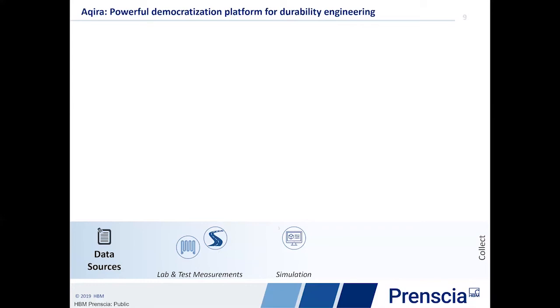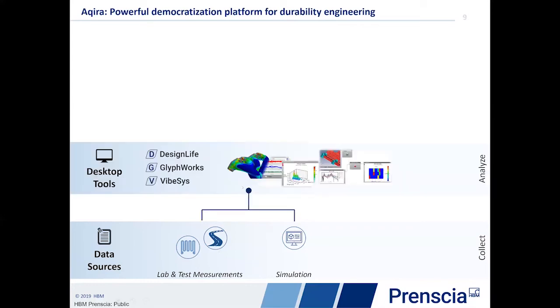You typically run one of our desktop tools: DesignLife for CAE-based fatigue analysis, GlyphWorks for signal processing and durability analysis, or VibeSys for more of the vibration and acoustic side of things. That's one possibility, where you get this desktop software installed on your machine and you work locally and interactively on your machine.